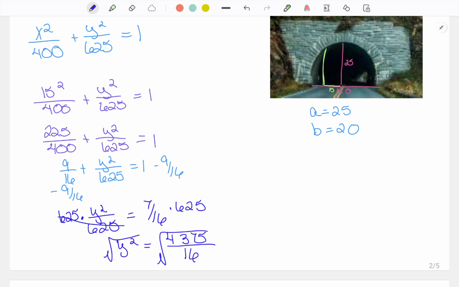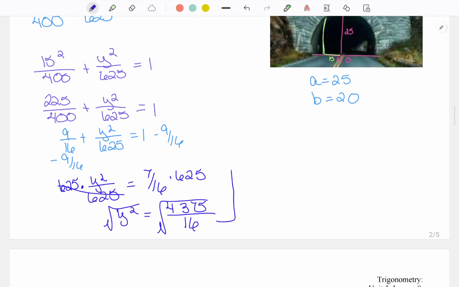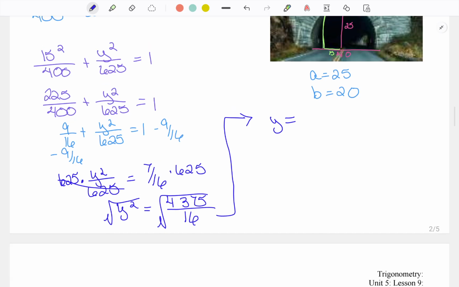And when we take the square root, that gives us y equals, and this is going to be plus since we are dealing with a length, the square root of 4375 over 4, or as a decimal, approximately 16.54 feet.